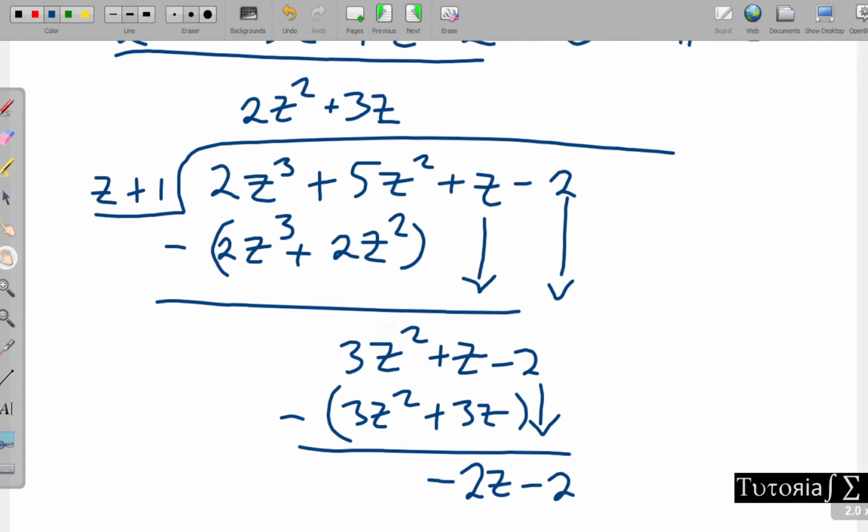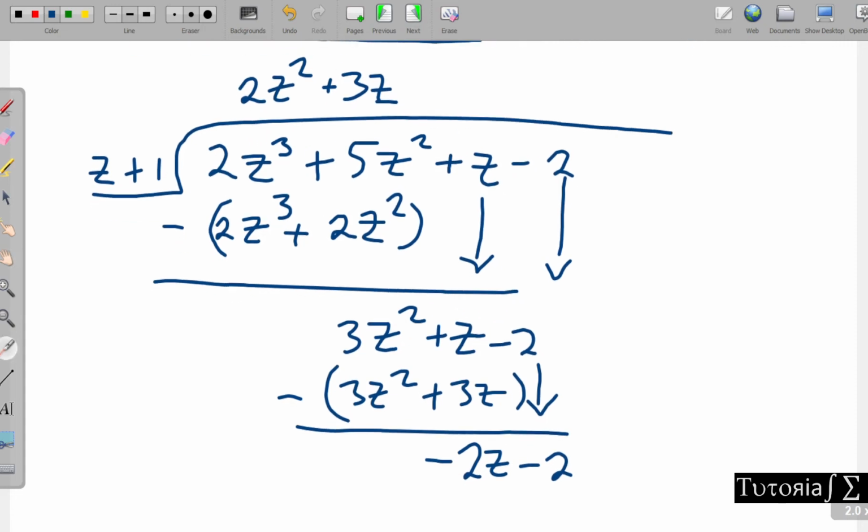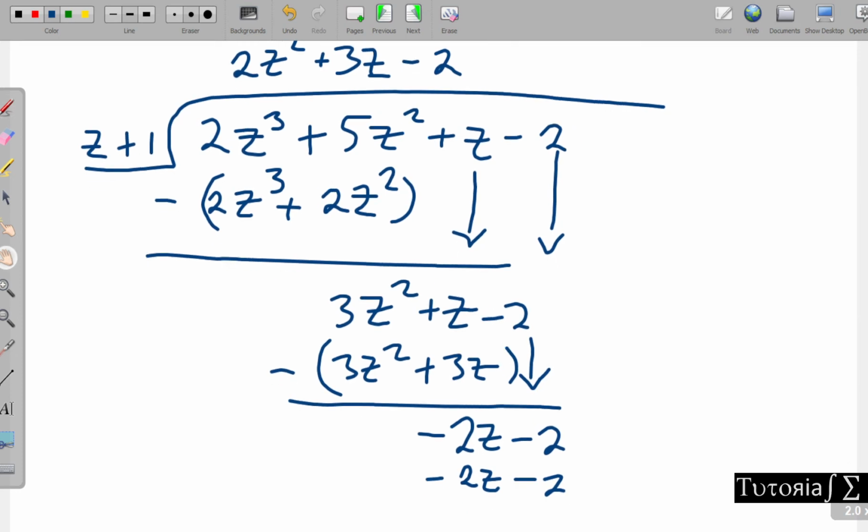Again, the cycle continues. You say this into that, negative 2. Then you say this times everything here, 2z minus 2. When you subtract these two, what are you going to have? 0.